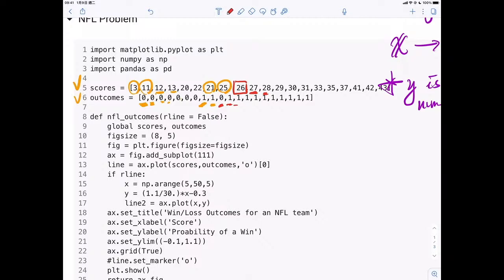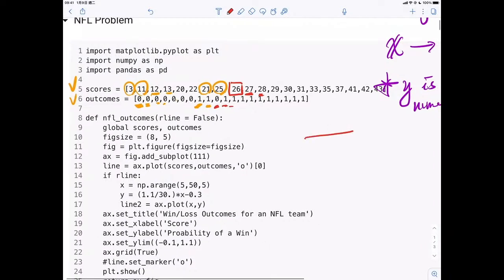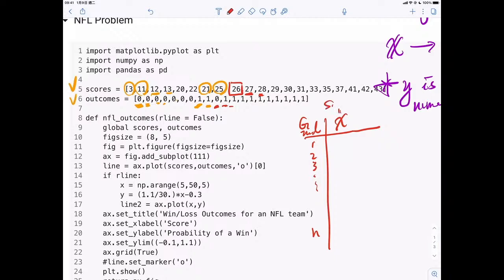Theoretically, the more points you get in a game, the more chance, which means possibility, probability, you can win. So basically, you have a table like this. That is the game index, right? 1, 2, 3. The x is the score.